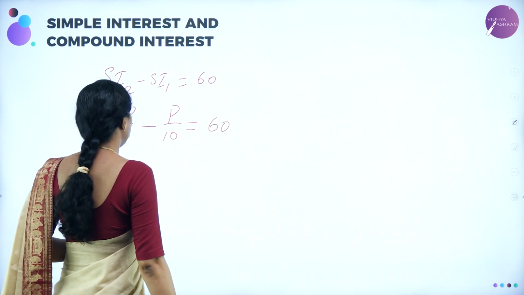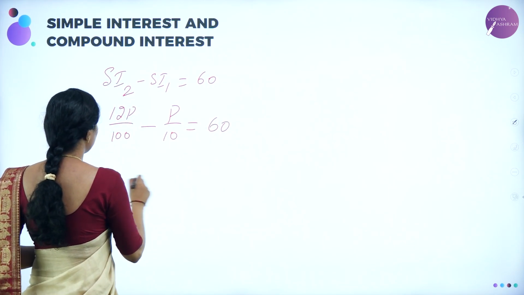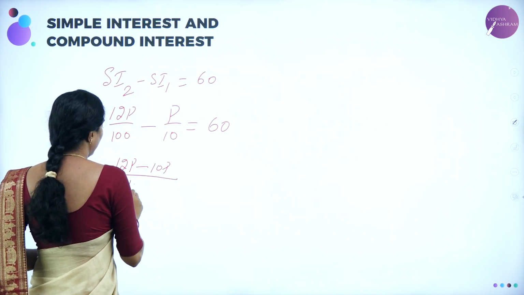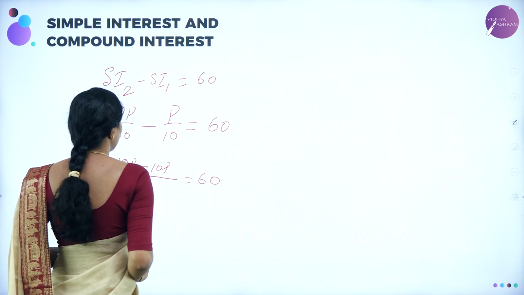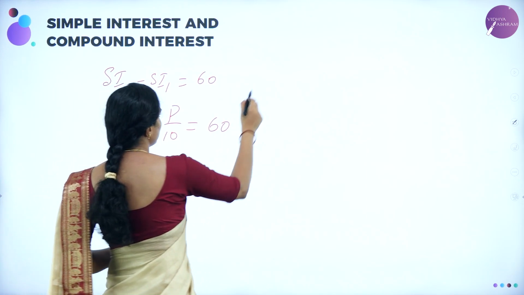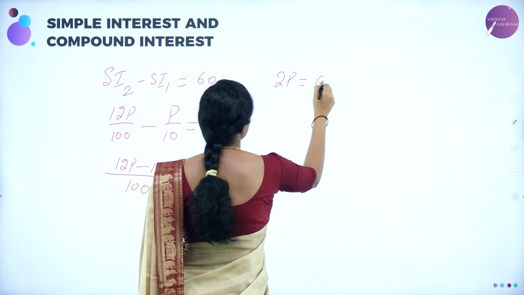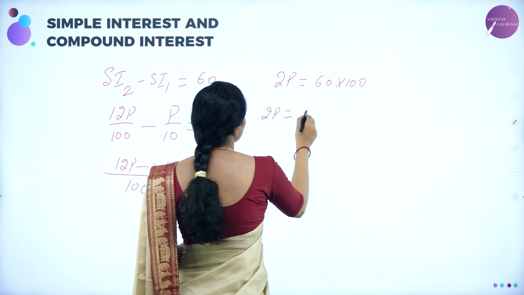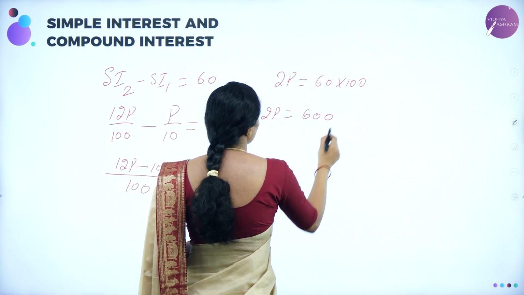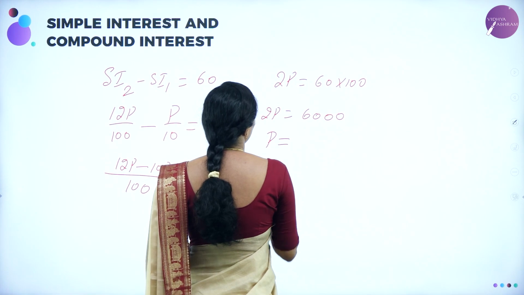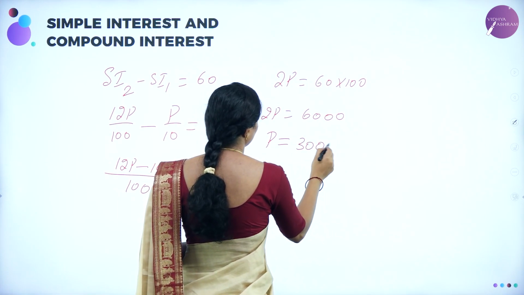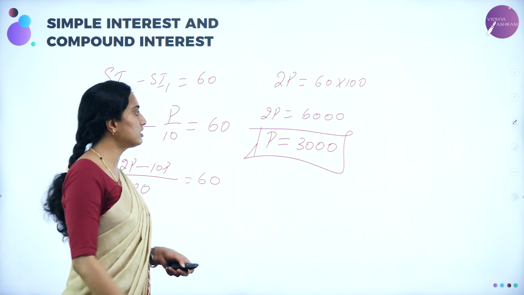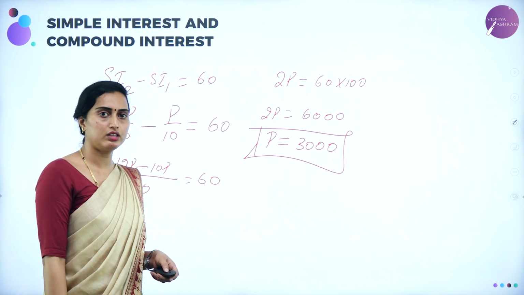Let me take the LCM: 12P minus 10P over 100 is equal to 60. 12P minus 10P is 2P, equal to 60 into 100, which is 6,000. So P will be equal to 3,000. Therefore, the answer for this one will be rupees 3,000.